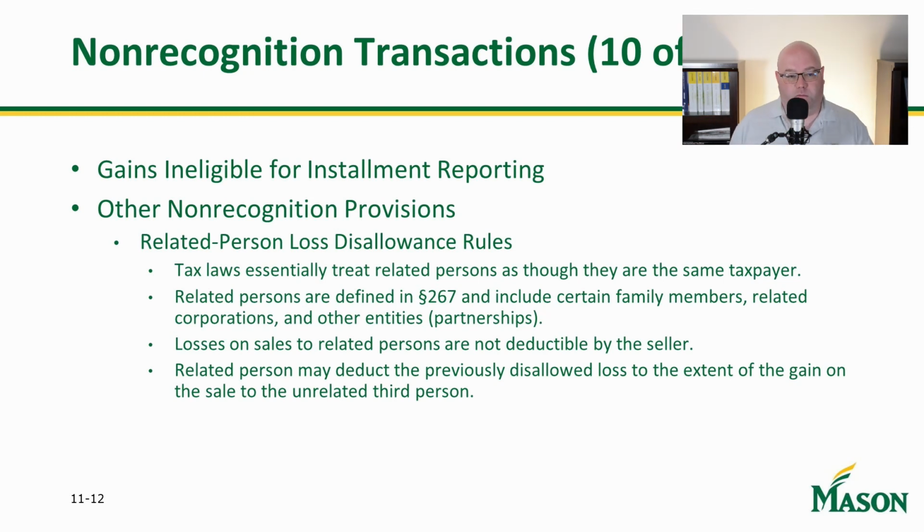I want to talk about related persons. You need to make sure you're looking at the right rules for what a related person is. Again, we're dealing with property transactions, so it's going to be 267 that's going to do this. There could be other related party transactions that have different definitions. For example, the foreign realm has certain people they call related parties that the corporate realm does not, and that 267 does not.